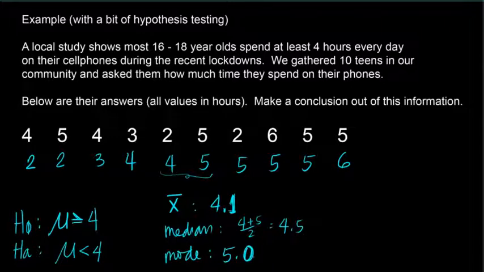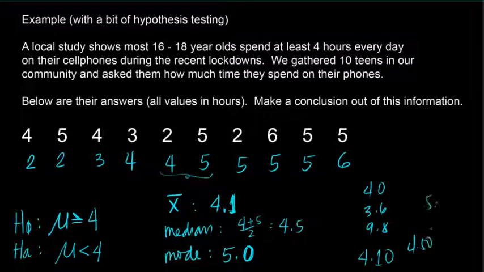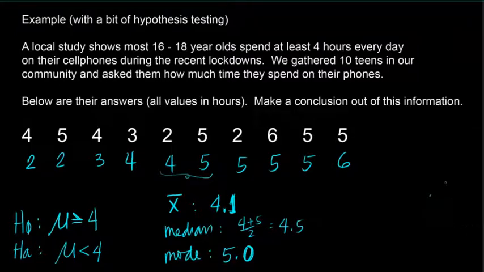Just remember that. If, let's say, our data set values are 4.0, 3.6, 9.8, then for the median, mode, and mean we would put 4.10, 4.50, 5.00. So we add one digit to our decimal places.